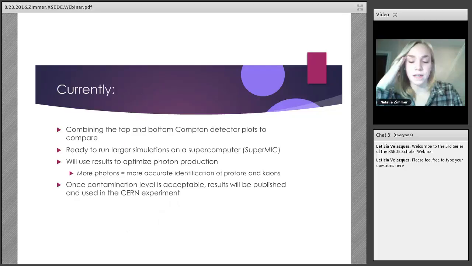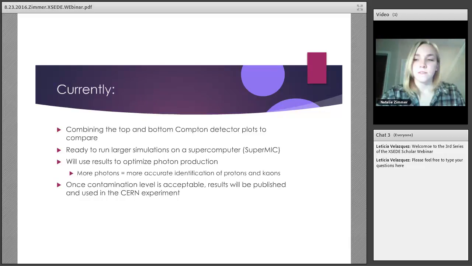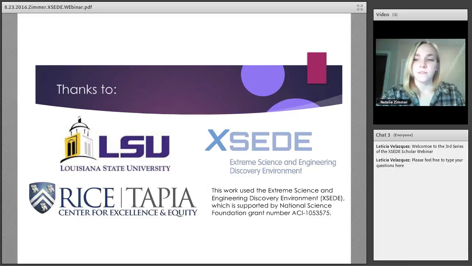So that's what the Compton detectors are for. They're going to be a centimeter of sodium iodide and run alongside the radiators. That way they'll catch whatever doesn't fly into the gas chamber detectors. And that's what I've just recently added into my project.